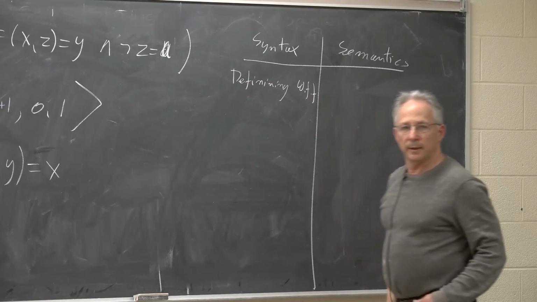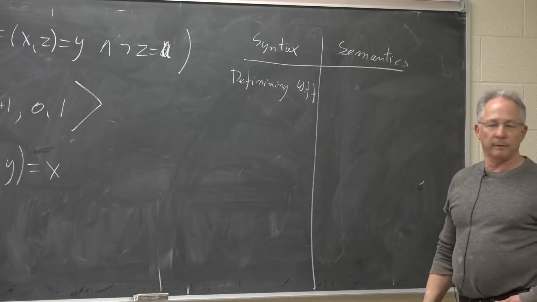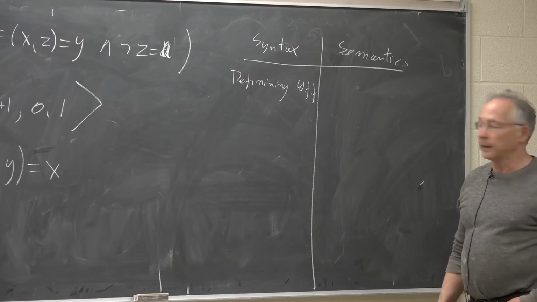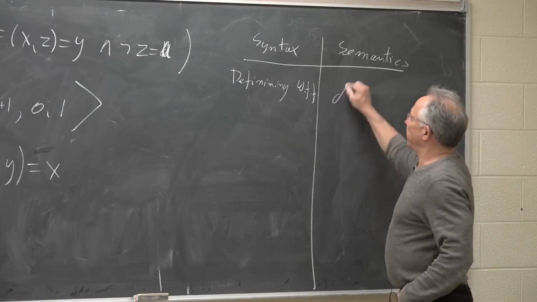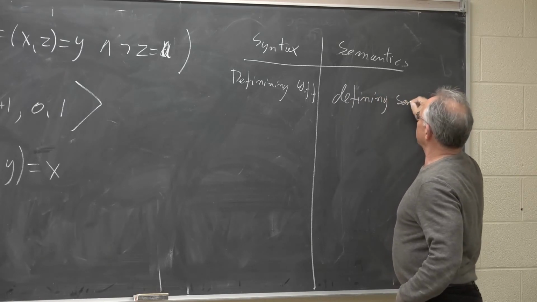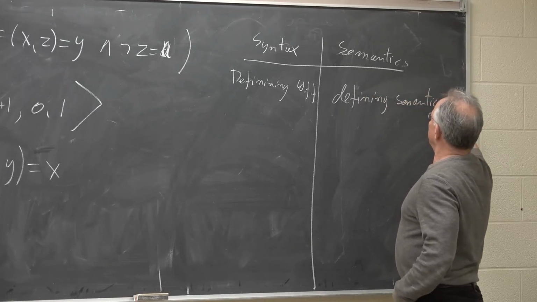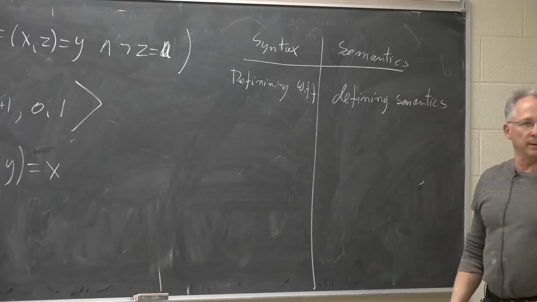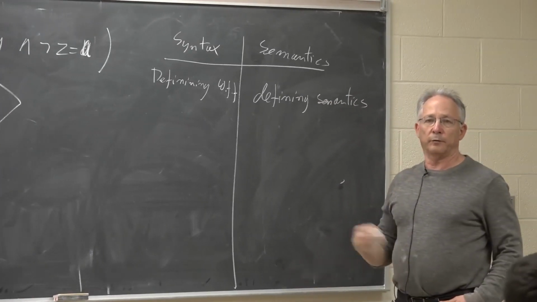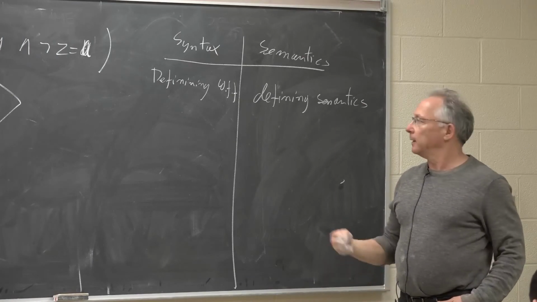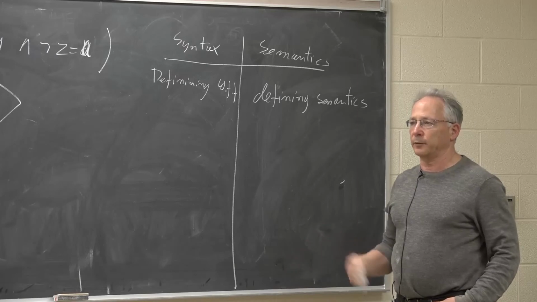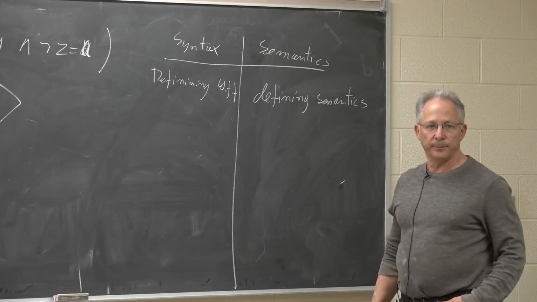We did the same in propositional logic and in first-order logic. Then we have defining the semantics. In propositional logic, it was the truth tables. In first-order logic, it was defining the notion of a structure and an assignment, and when a formula is satisfied in a structure.